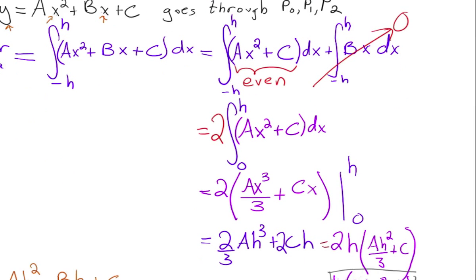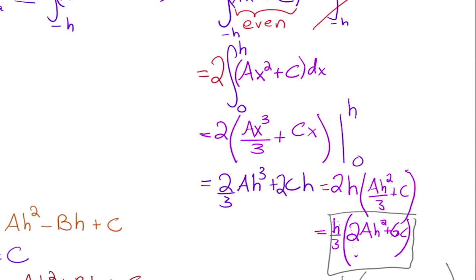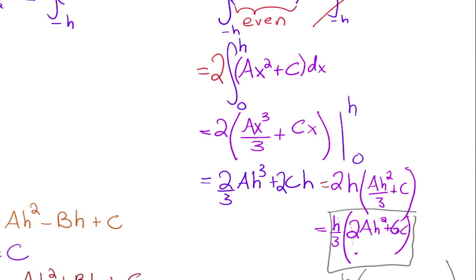But we still have it in terms of this number a that we have no idea what it is, and this number c that we have just as much of no idea what it is too. Then we try to connect this expression somehow to the y values that we are using for our parabola.